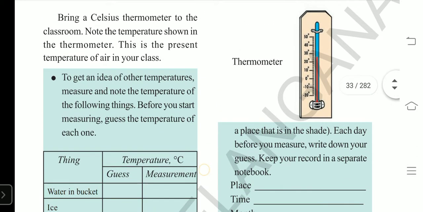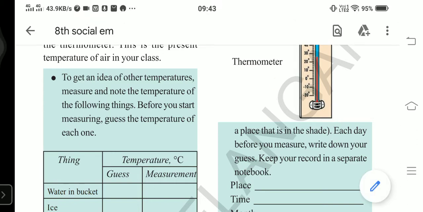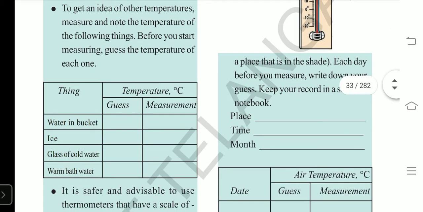If you have a thermometer, which is shown here, then using that thermometer, guess the temperature. Just guess how much is the temperature of the water in the bucket. Similarly, ice, a glass of cold water and warm bath water.